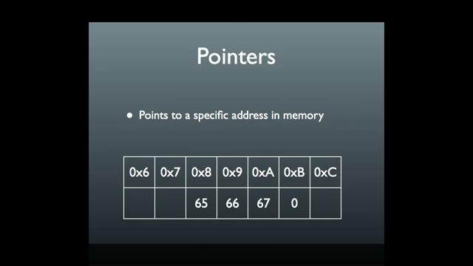So in this example, we see that 65 is the value at the memory address 8, and 66 is at 9, and 67 is at 10, and at 11 is 0. This is our 4-element array or string that we created earlier.